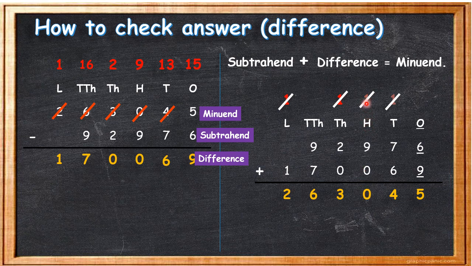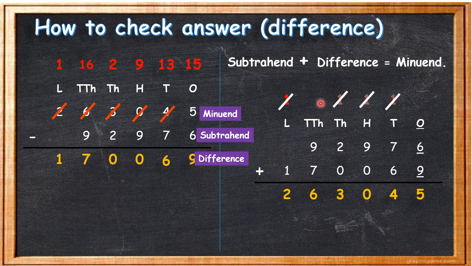So now let's add the 100's column. 1 plus 9, 10. 10 plus 0 is 10. So I'll write 0 here and carry 1 forward to the 1000's column. Now add the 1000's column. 1 plus 2 is 3. 3 plus 0 is 3. So 3 will be in the 1000's column.